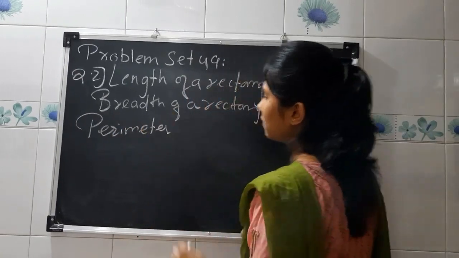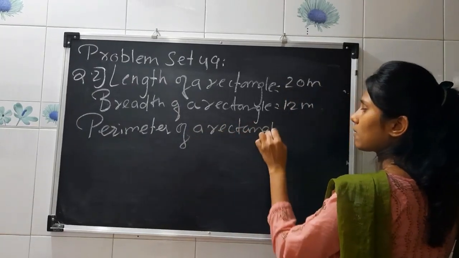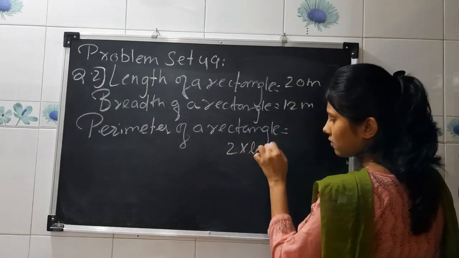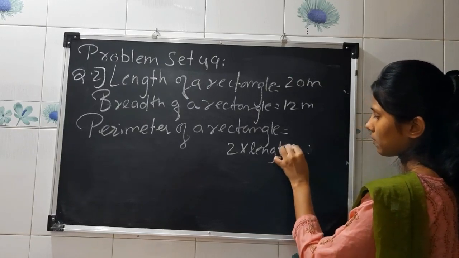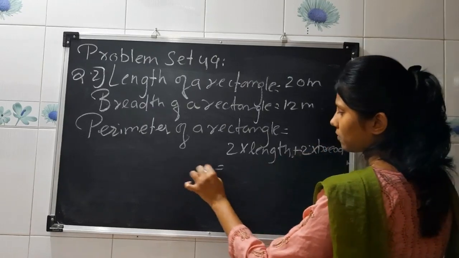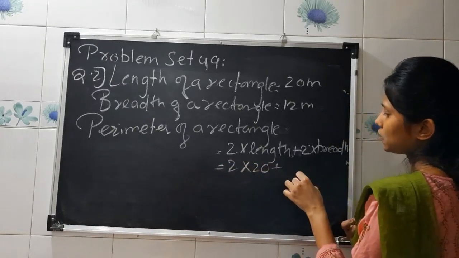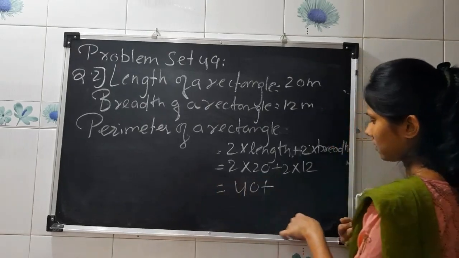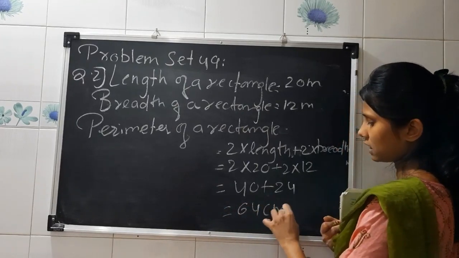So perimeter of a rectangle is equal to 2 into length plus 2 into breadth. 2 into length 20 plus 2 into breadth 12, 40 plus 24, that is 64 centimeter.